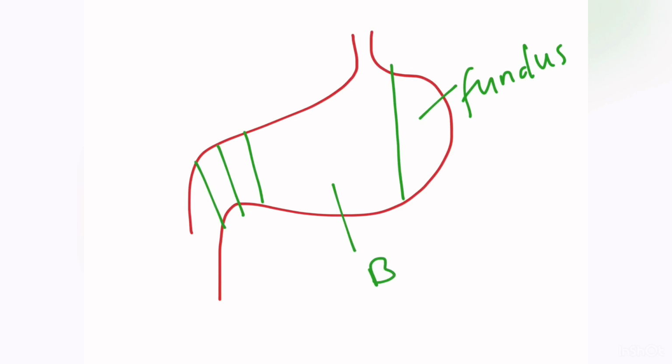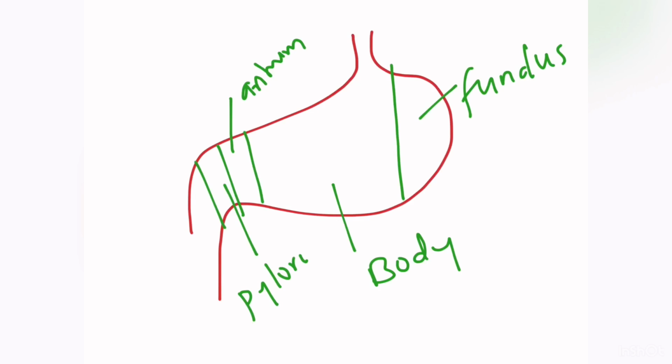This is our body. This is our antrum. And here is our pylorus. And this is the duodenum. So these are the parts of the stomach that we are going to be focusing on.